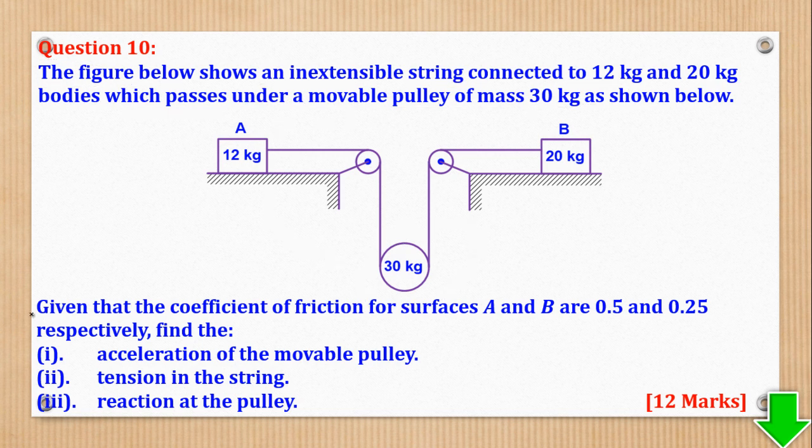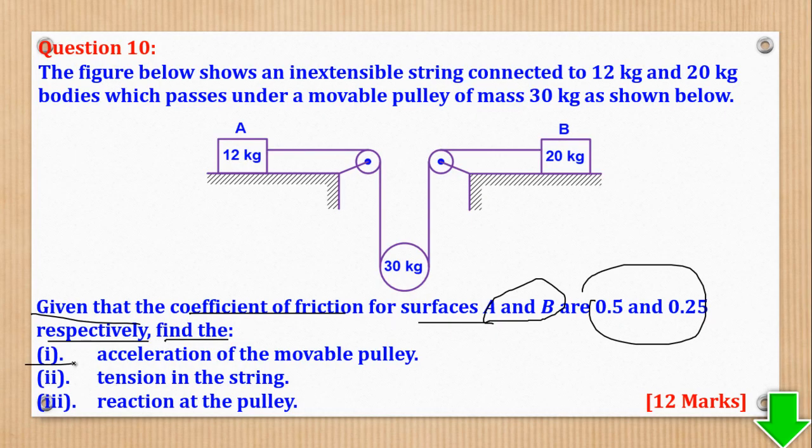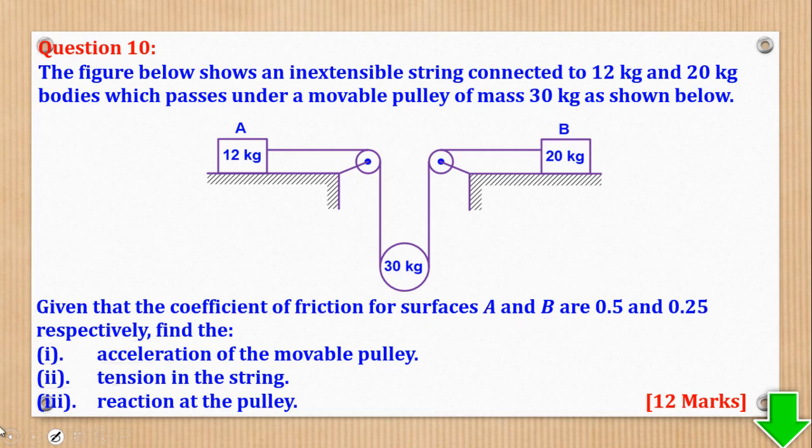Given that the coefficient of friction for surfaces A and B are this and this, respectively, find Roman 1, the acceleration of the movable pulley, Roman 2, the tension in the string, and Roman 3, the reaction at the pulley.